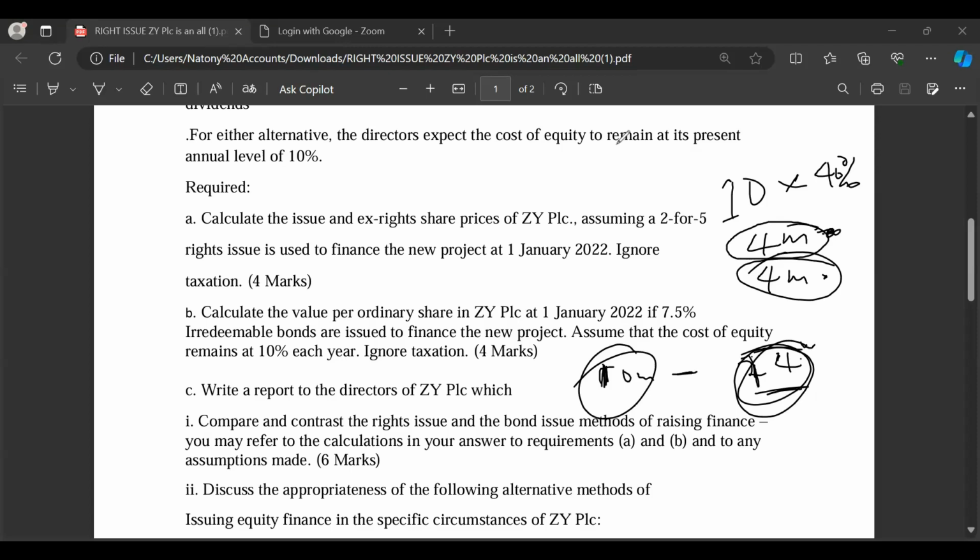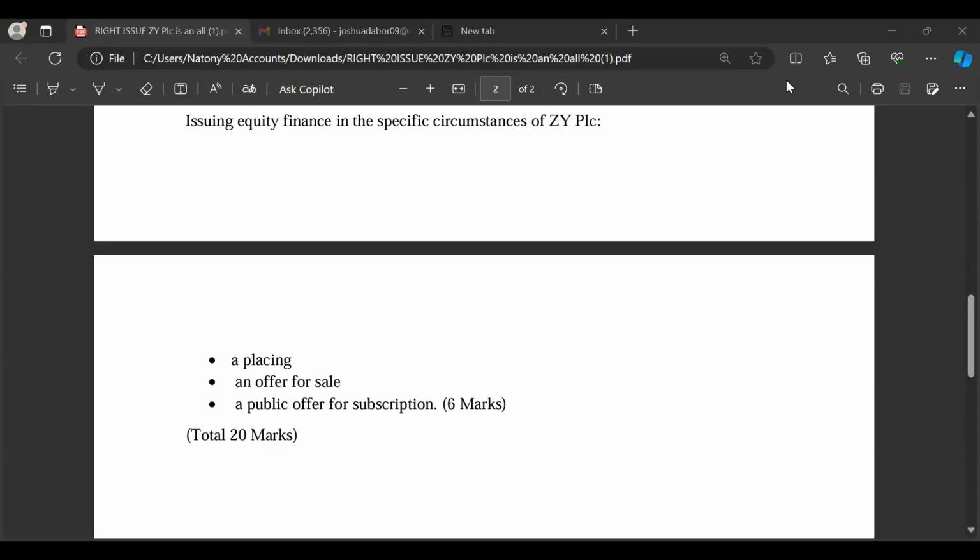Finally, we are asked to look at alternative methods of raising equity finance. Placing refers to the process of selling or issuing new shares of a company to specific investors or institutions in a private transaction. The shares are offered to a pre-selected group of investors.